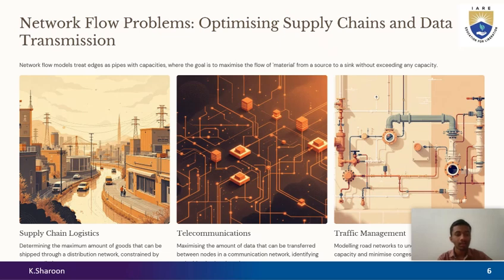Supply chain logistics: determine the maximum amount of goods that can be shipped through a distribution network constrained by capacity. And telecommunications: maximizing the amount of data that can be transferred between routes in a communication network, identifying bottlenecks. And traffic management.